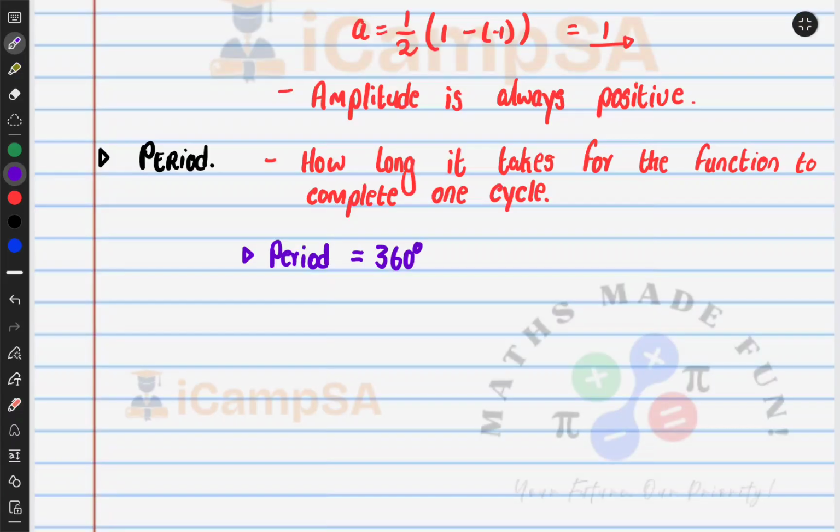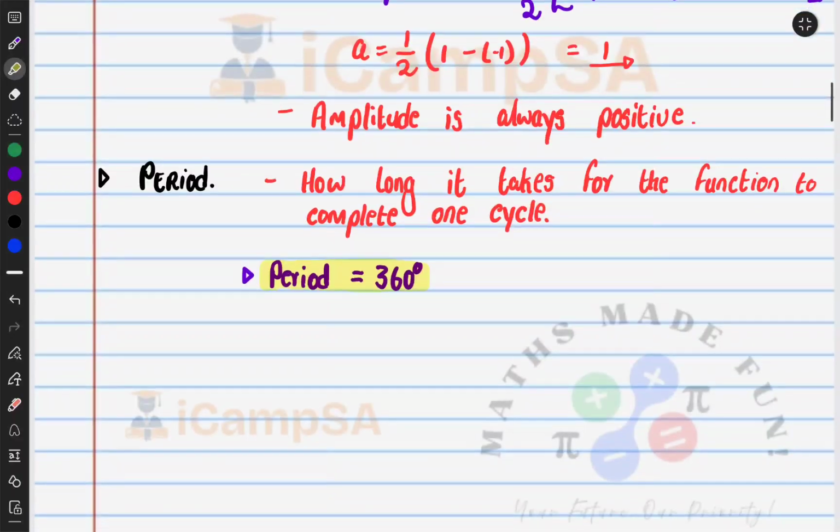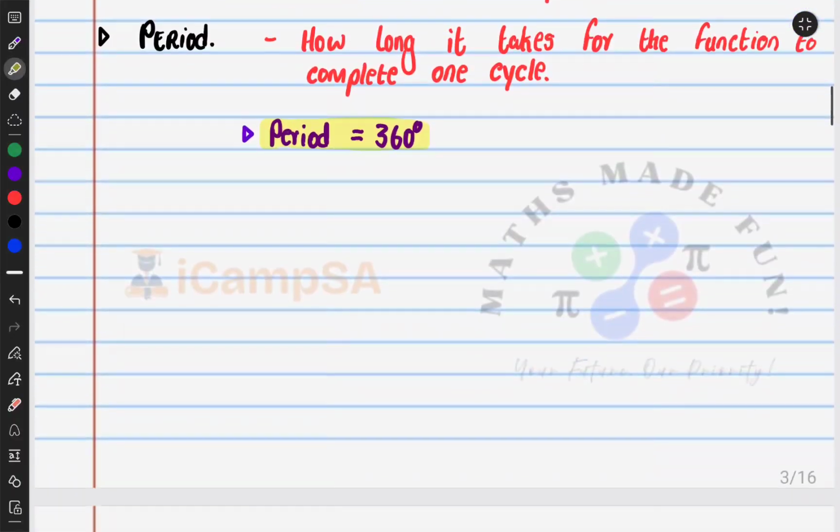So most of the time the period for the sine function and the cosine function will be 360 degrees. If you are asked in an exam what the period of a sine or cosine function is, just go with 360 degrees.